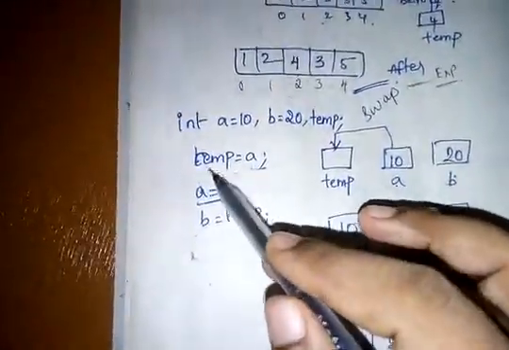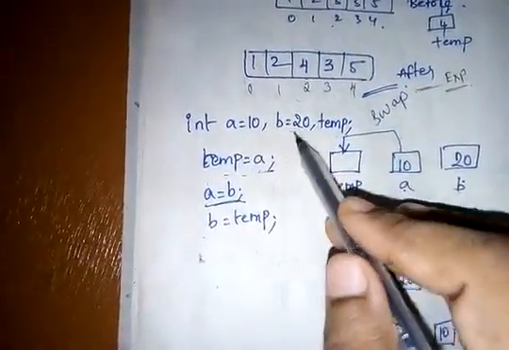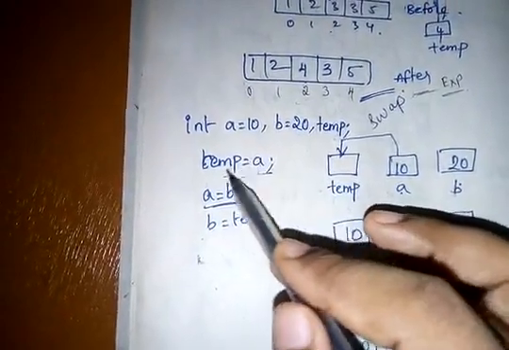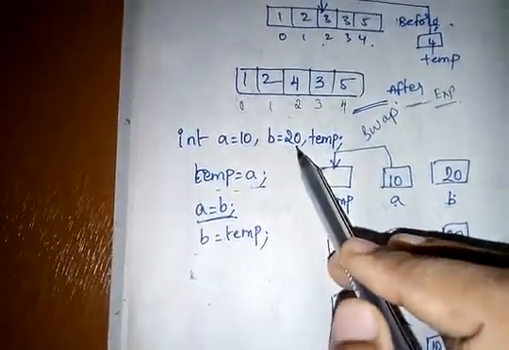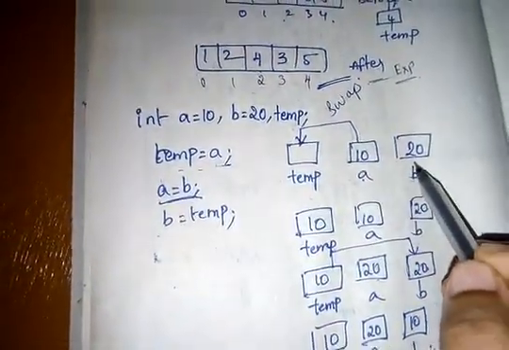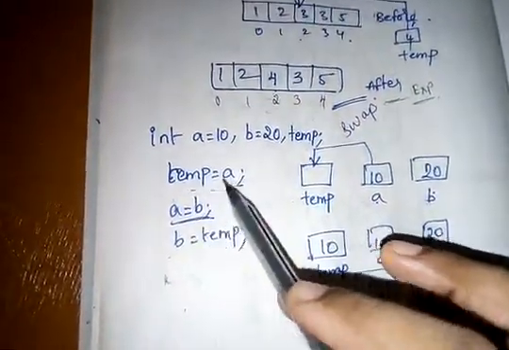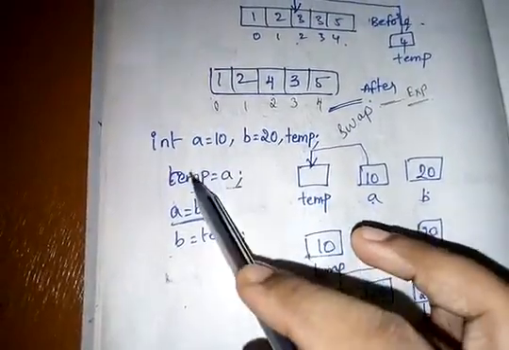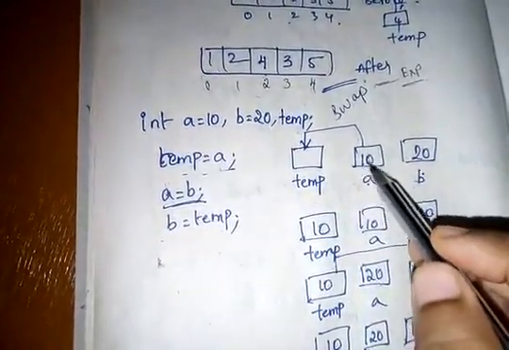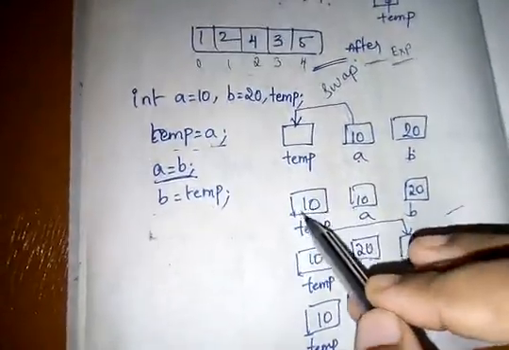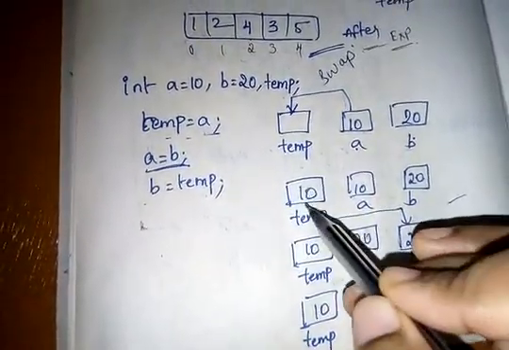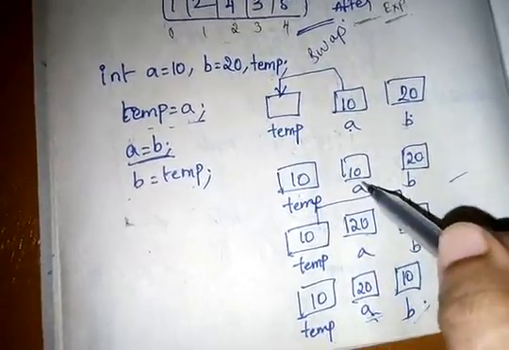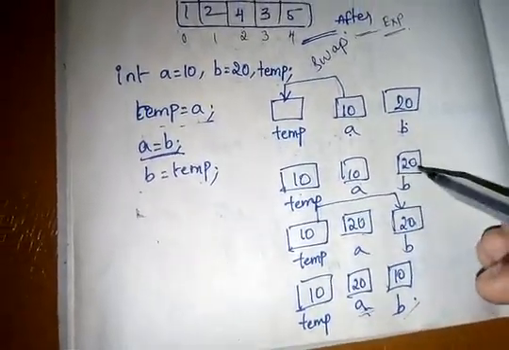See, first, one of the values of these two variables, I am placing in the temporary variable. So initially I have a 10, b 20. Then I say temp is equal to a, the value of a will be copied to the temporary variable. So 10 will be copied to temp, and finally temp will have 10, a will have 10 and b will have 20.